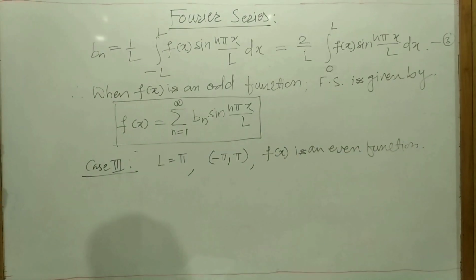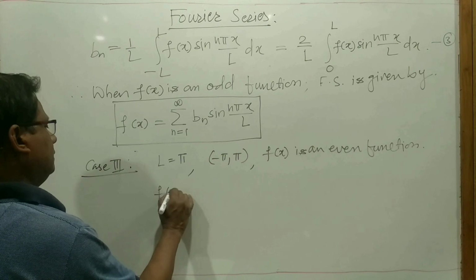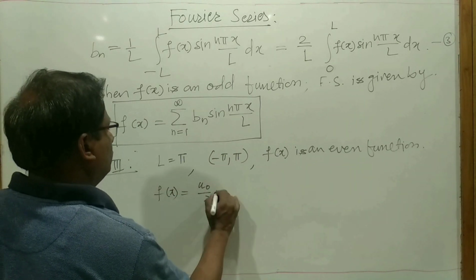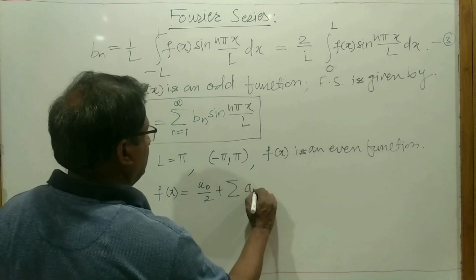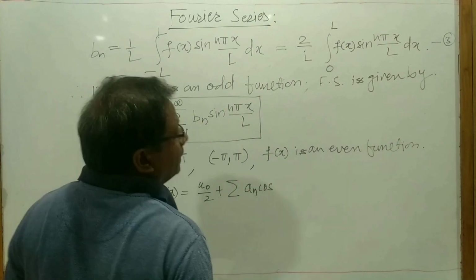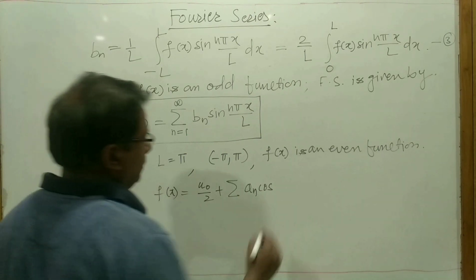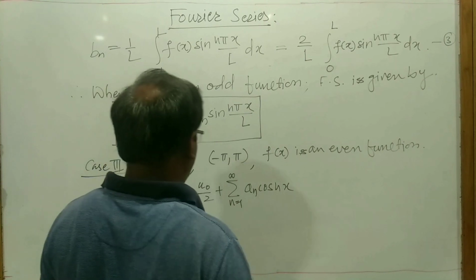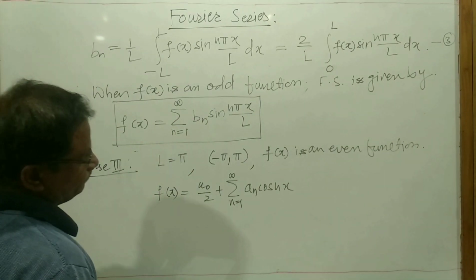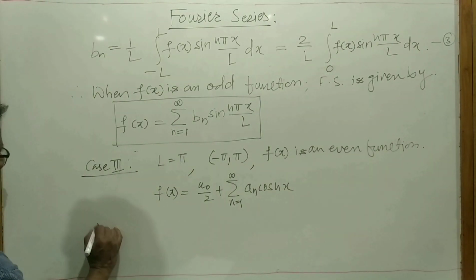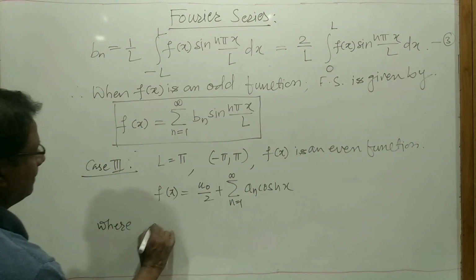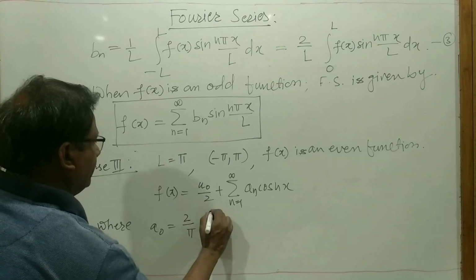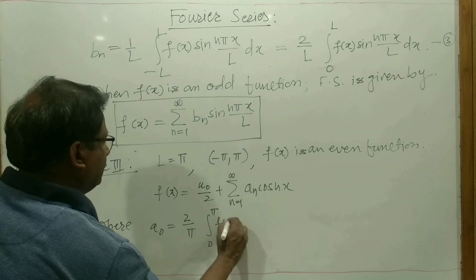In this case, the Fourier series is given by a0 by 2 plus summation an cos n pi x upon pi, meaning cos nx, n varies from 1 to infinity, where a0 is given by 2 upon pi integral 0 to pi f of x dx.